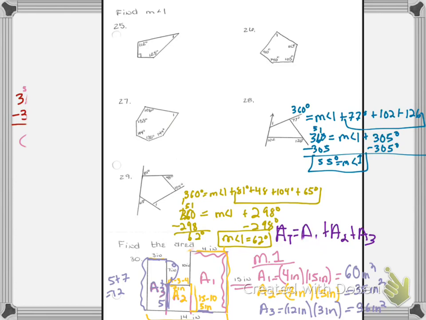I apologize. 60 inches squared plus 35 inches squared plus 36 inches squared. So when we add all these together, you end up with 60 plus 35 plus 36, 131 inches squared. So that's your first method.